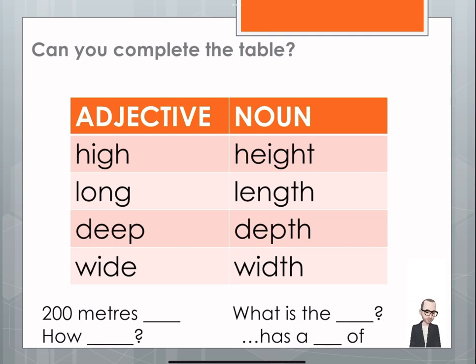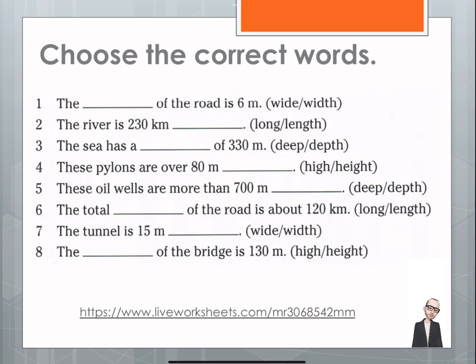Also, another example is it has a. So it has a height of, it has a length of, it has a depth of, or it has a width of, I don't know, 500 meters, for example. Okay, there we go. And a couple of examples here.